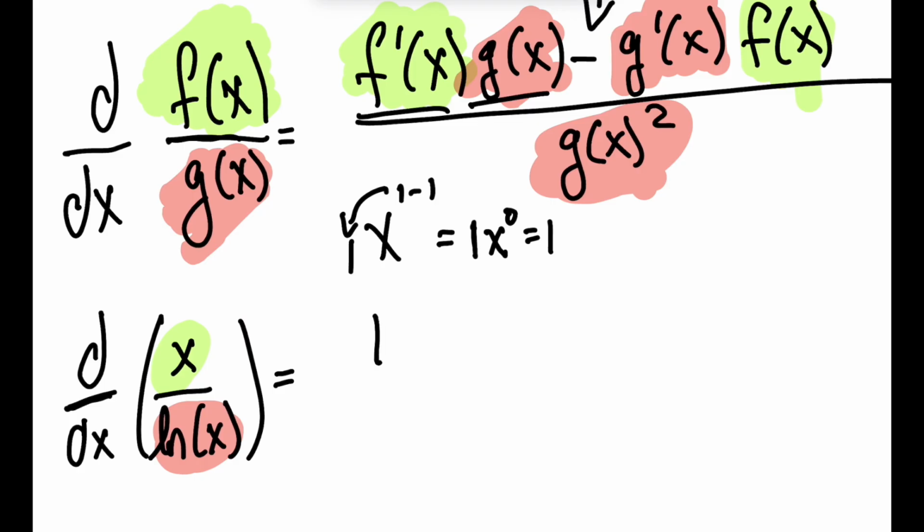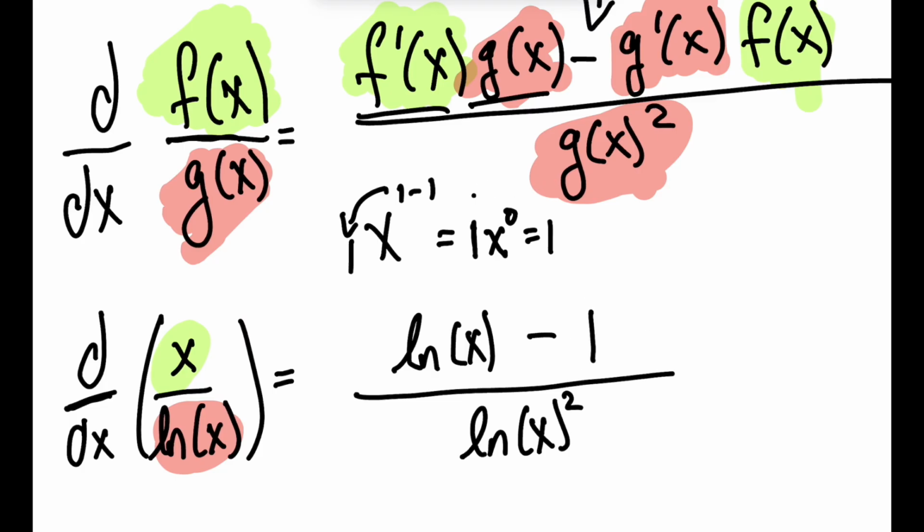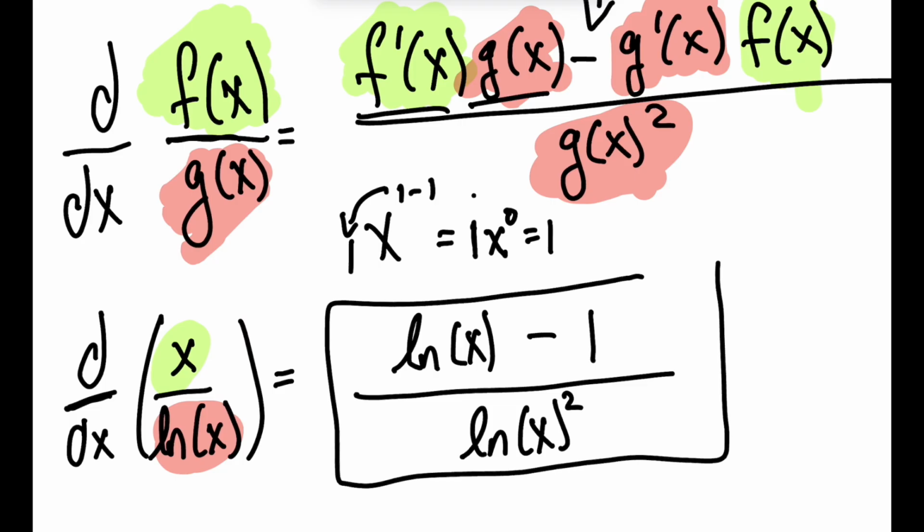So the derivative of x is 1 times the natural log of x minus the derivative of the natural log of x, which is 1 over x, times our original numerator, which is just x. And all of this is going to be over the natural log of x squared. The natural log of x times 1 is just going to be natural log of x. And this 1 over x times x, we can make that equal to 1. This is our final answer.